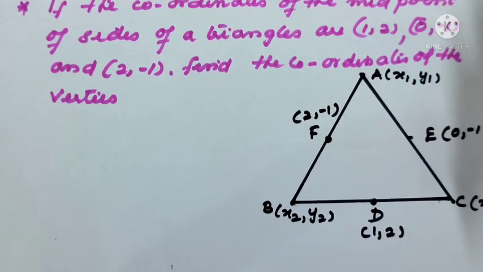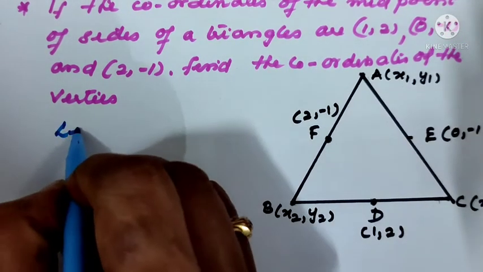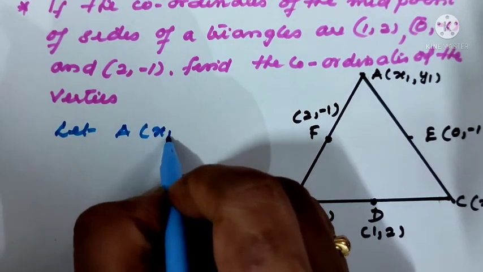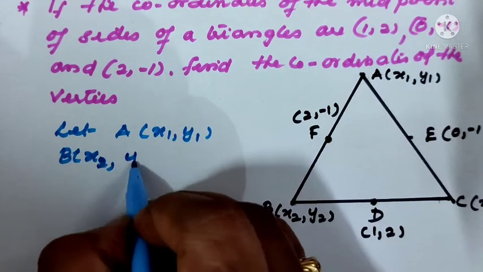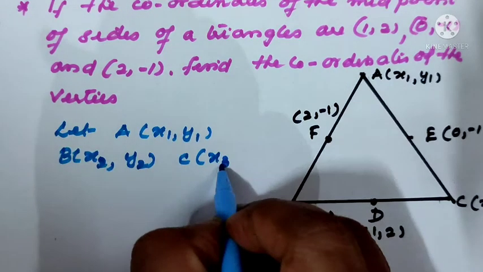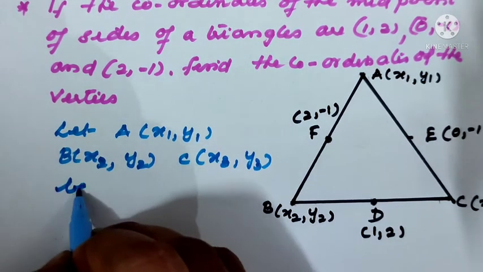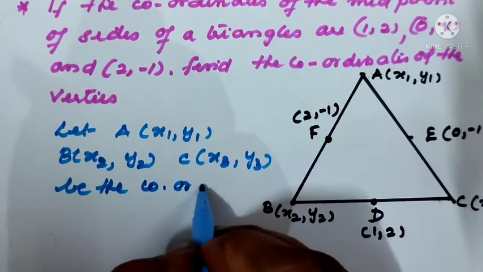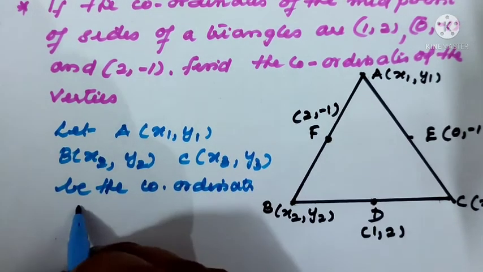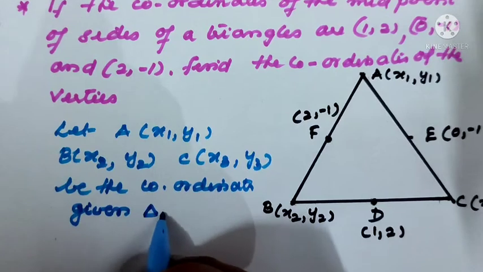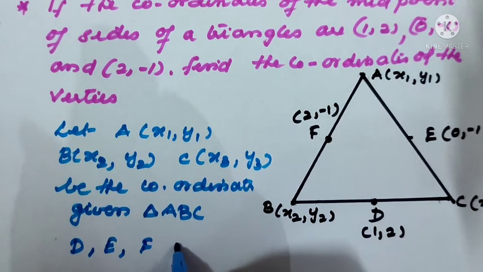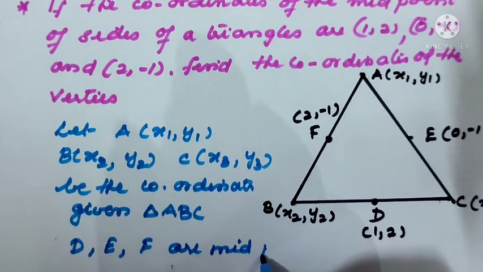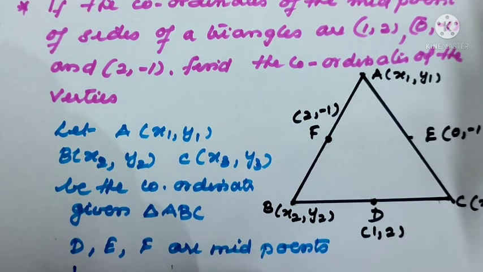Let A (x1, y1), B (x2, y2), C (x3, y3) be the coordinates of the given triangle ABC. Now D, E, F are the midpoints of BC, CA and AB respectively.